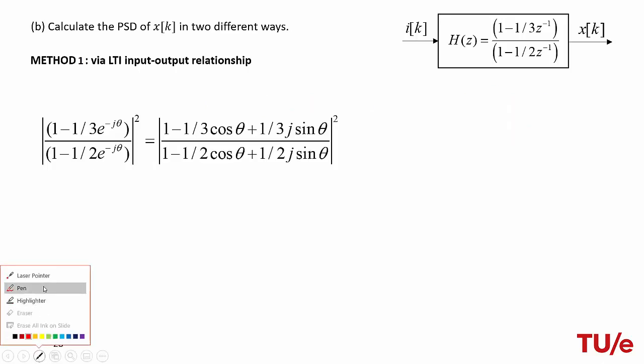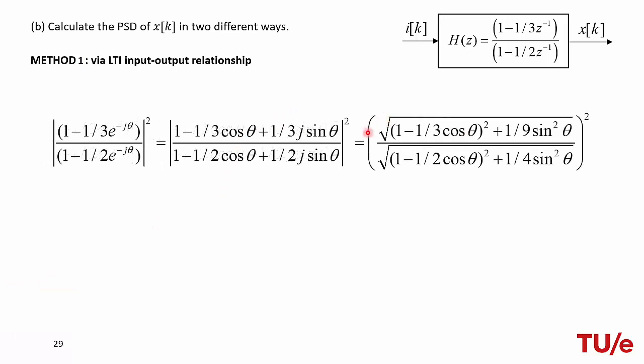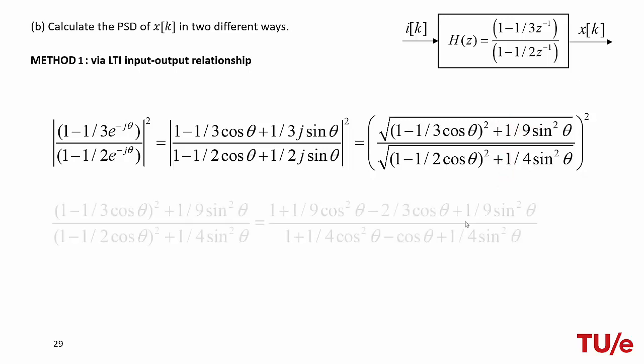So by making these substitutions, we obtain the expression here in the slide, and then we can substitute for the modulus squared the square root of the real part squared plus the imaginary part squared on both numerator and denominator.